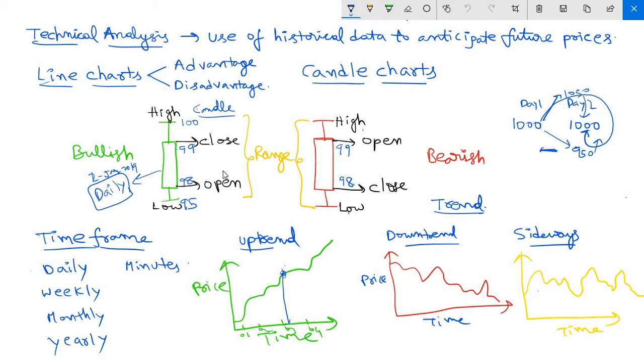Whenever you see a candle, it's for a particular time frame. If it is a day, it means that day. If it's 15 minutes, that means what happened in those 15 minutes. If it's a green candle, you know open is down and close is up, and then there is the high and the low. That's it. So this should be fine.